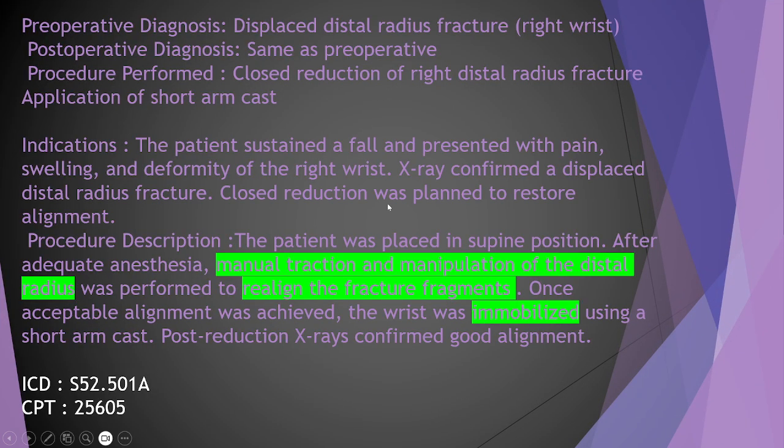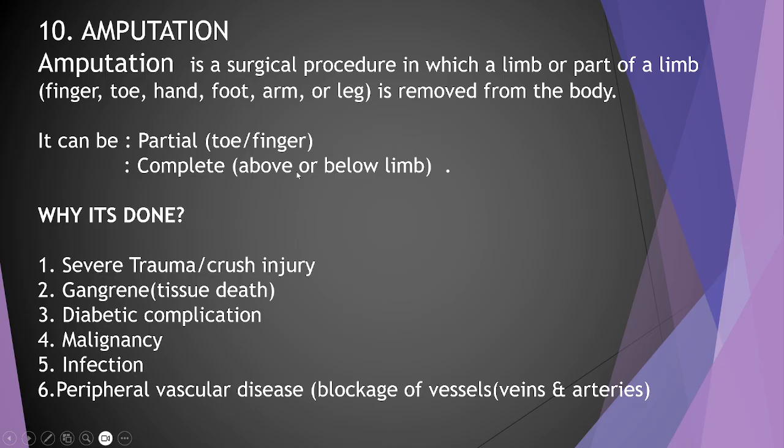Amputation. Okay, so we have covered the manipulation topic. Now amputation. So what is amputation? Amputation is basically a removal of the limb or a part of the limb, that is a finger, toe, hand, foot, arm or leg from the body, and it can be partial or maybe complete.